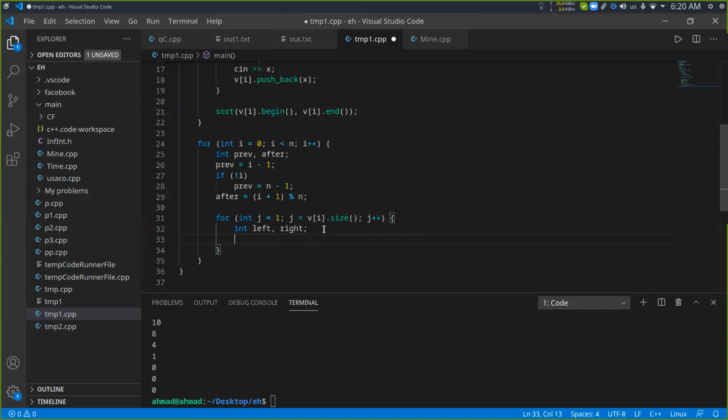I'm just wondering if there are other variables I would like to define here. So left and then right.